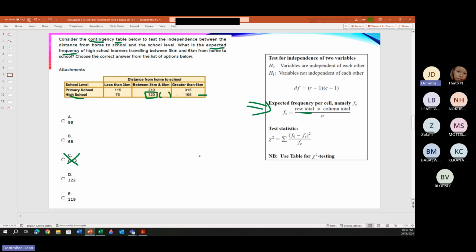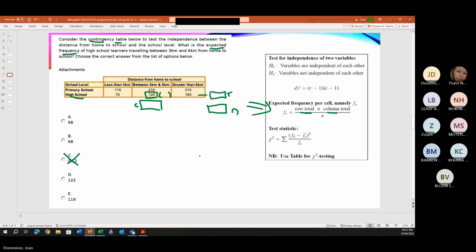So we need to know what is that row total. Then we will need to know what is the column total. And they didn't say, so we also need to know what is your total. And so row, column, and your total. So that is the three things we need to work out.